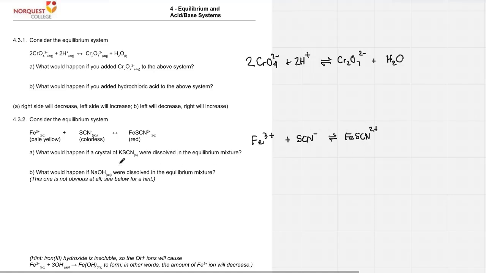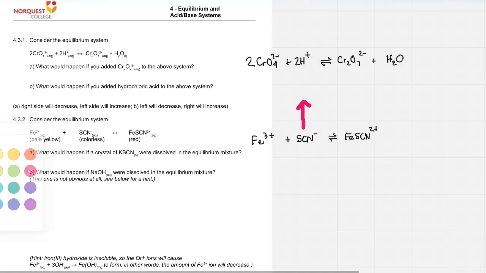If we add KSCN to this system, first of all, you don't see KSCN in there, but assuming this dissolves, and potassium compounds usually do, we'll get potassium ions, which don't interest us. They aren't in the reaction. And we'll get thiocyanate ions, SCN. So this goes up. That's our stress.